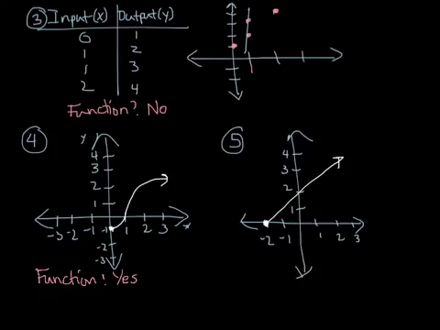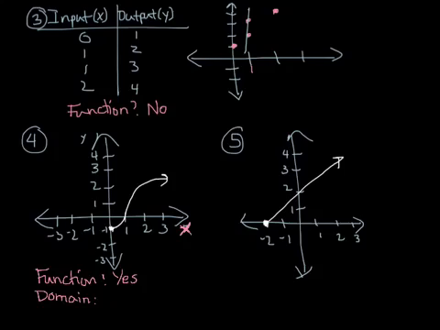The first thing we need to figure out is our domain. And I've noticed that these ones are generally the hardest parts of all of these problems, finding the domain and the range of the graph. So what you're going to do is look along the x-axis, which remember is the horizontal axis. You're going to see what x value it starts at and what x value it ends at.